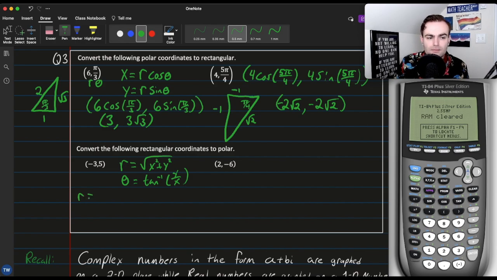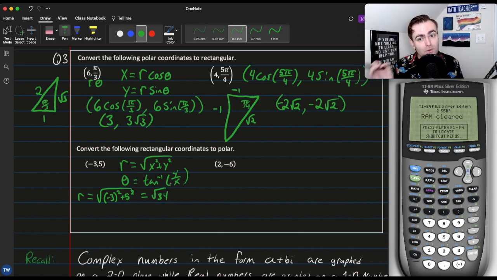So r is equal to the square root of negative 3 squared plus 5 squared. So negative 3 squared is 9, 5 squared is 25, 9 plus 25 is 34. So we know that r is equal to the square root of 34. It's not pretty, but we're going to leave it like that because it's prettier than it would be as a decimal.